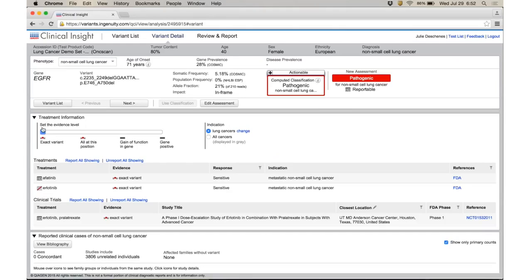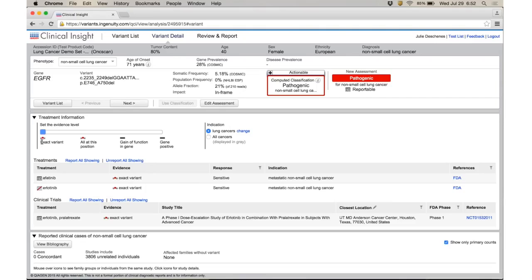In the top section of the treatment information, there is a slider bar that allows you to evaluate the treatment information based on the exact variant finding to gene effect finding. So this goes from level 1 type of treatment and so on. By default you have your specific indication, so we are looking at lung cancer, or you can toggle and look at any type of treatment in any cancer.